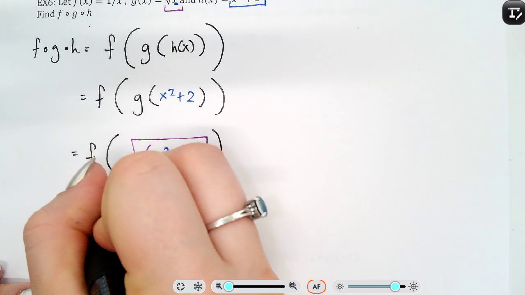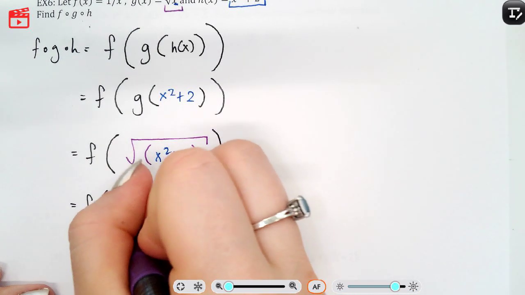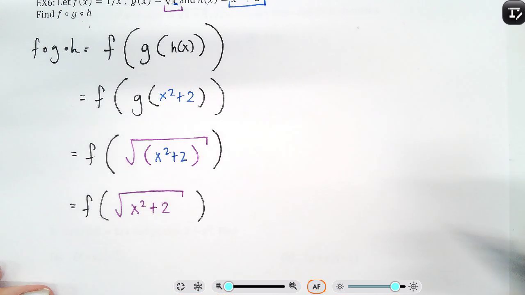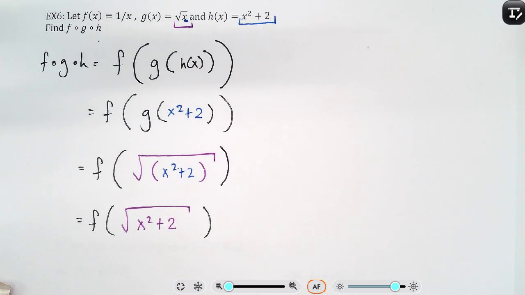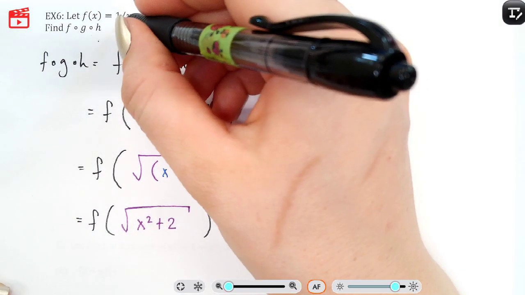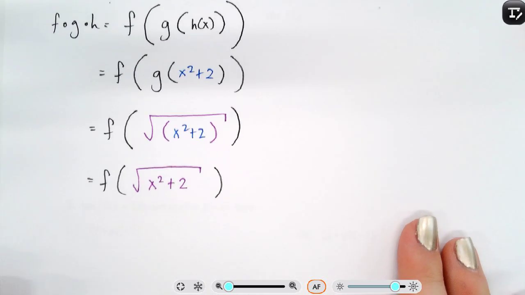So let me just clean up without the parentheses. So my new g function is going to be x squared plus 2. Now we're going to input that into our f, which is right there. So my new input value is going to be the square root of x squared plus 2.